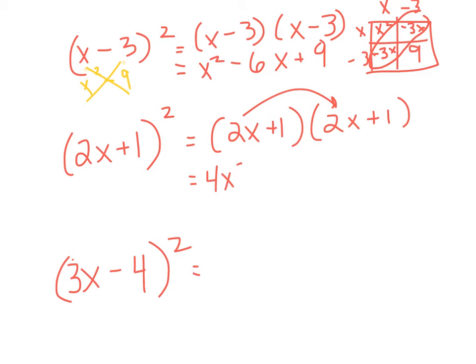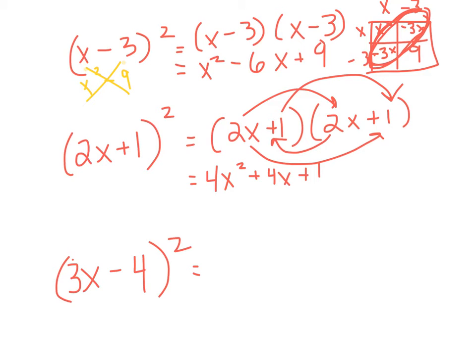That's going to give us 4x squared. But then 2x is going to multiply by 1, and 2x is also going to multiply by 1. So 2x times 1 is 2x. But if that's happening twice, kind of thinking of our diagonal here, then that's really 4x in total. And then lastly, 1 is going to multiply by itself, giving me 1.